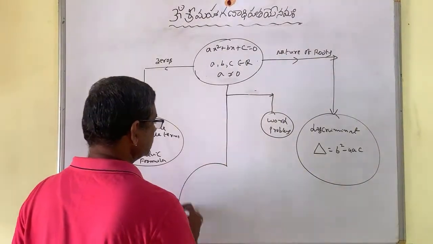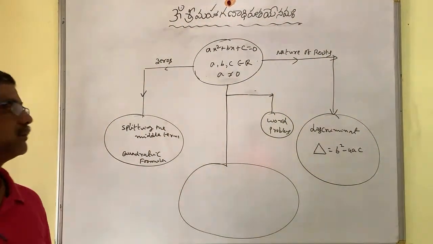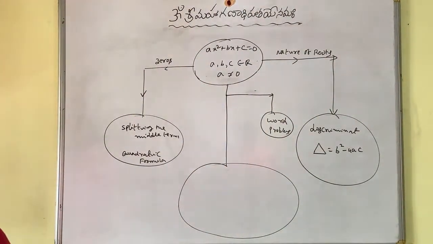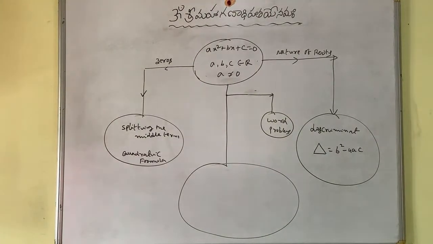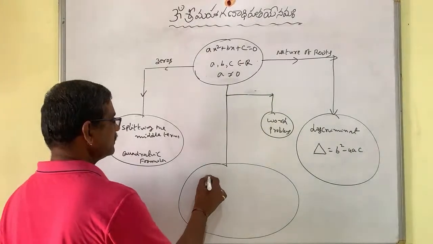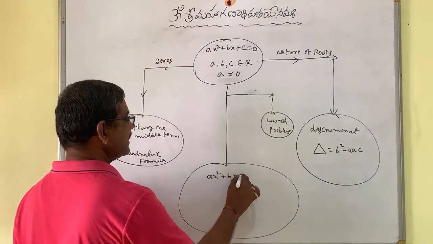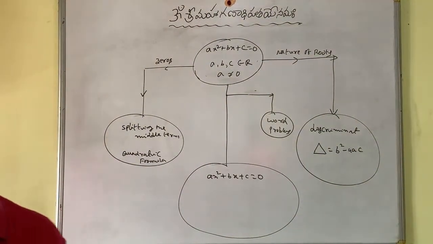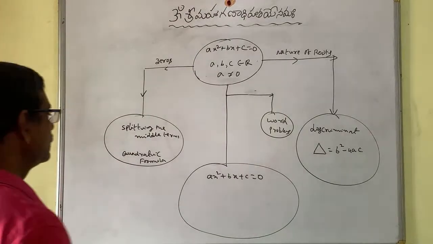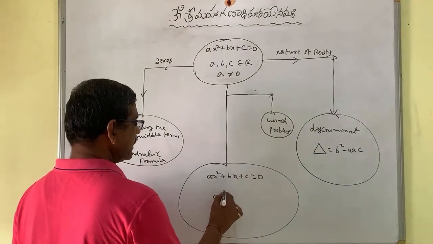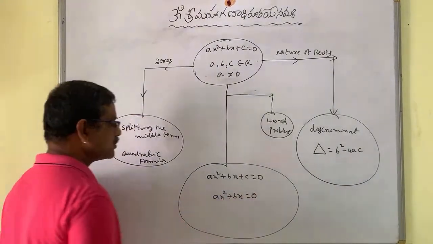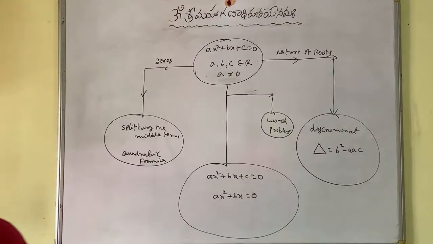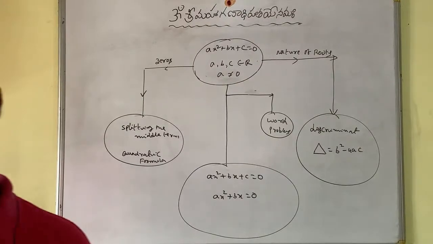We can have three types of quadratic polynomials. What is that? One is ax square plus bx plus c is equal to 0. This is type 1. Second type is ax square plus bx is equal to 0. Type 2 quadratic polynomial, or you can say form 1, form 2.